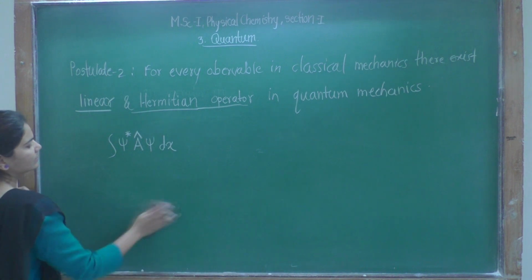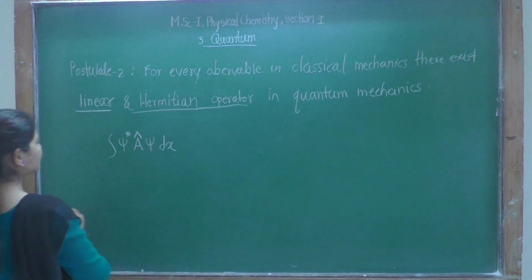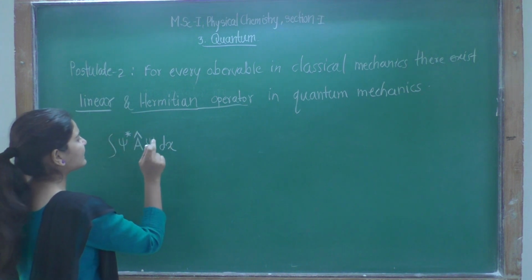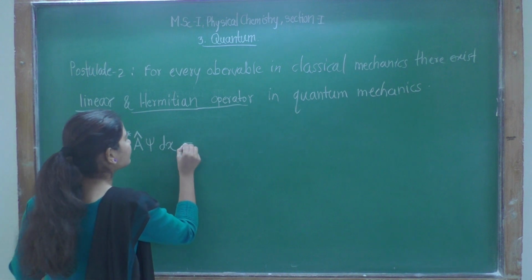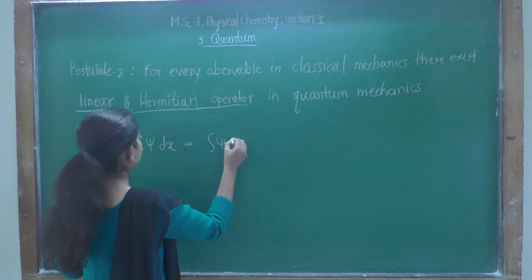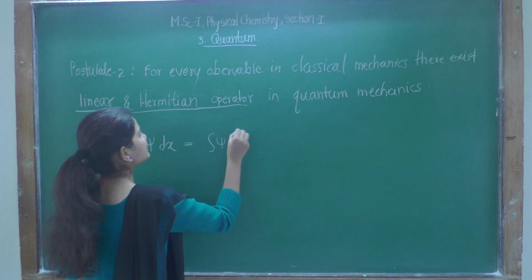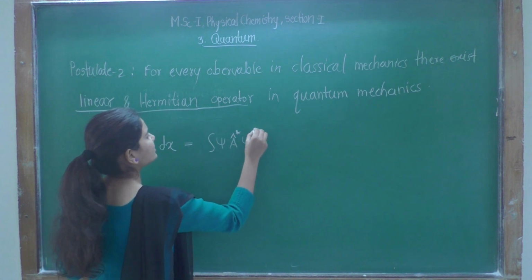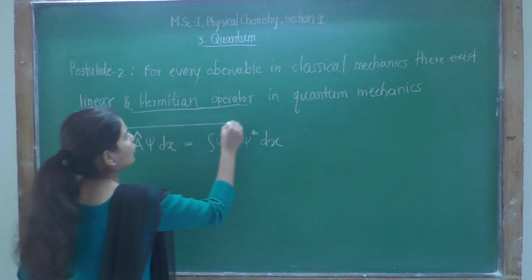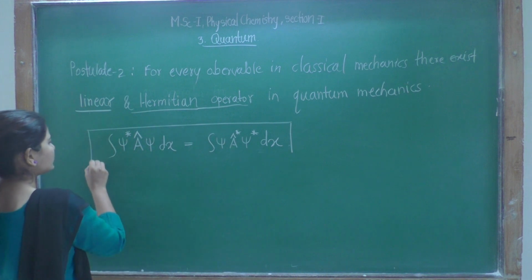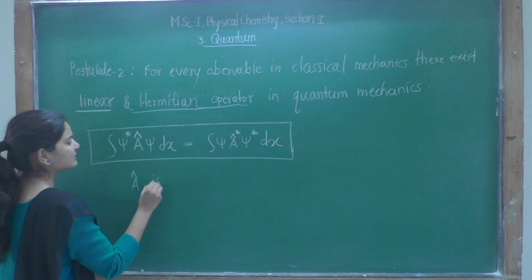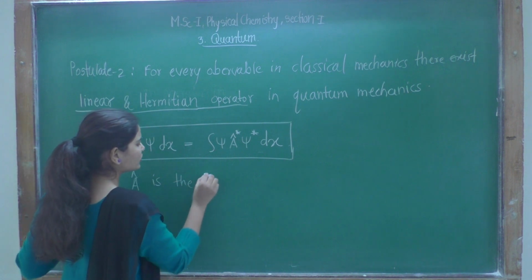Did you get it? Now if we have the condition that the integration of psi star a cap psi dx is equal to the integration of psi a cap star psi star dx, then we can say that the operator A is a Hermitian operator. So a cap is the Hermitian operator.